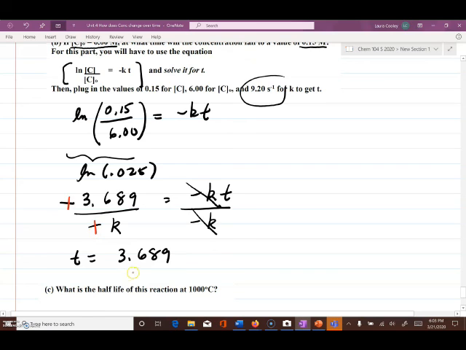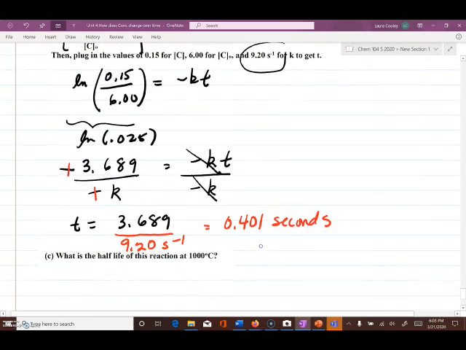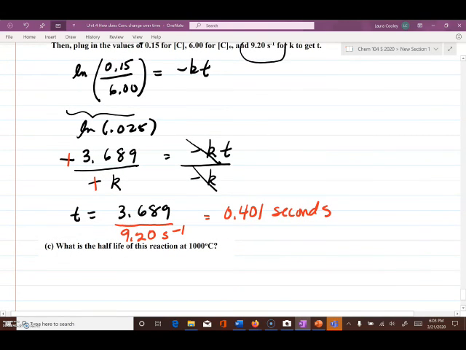So I have to divide by k. 3.689 divided by, it comes out to 0.401. Okay, so that's how you do that sort of problem.